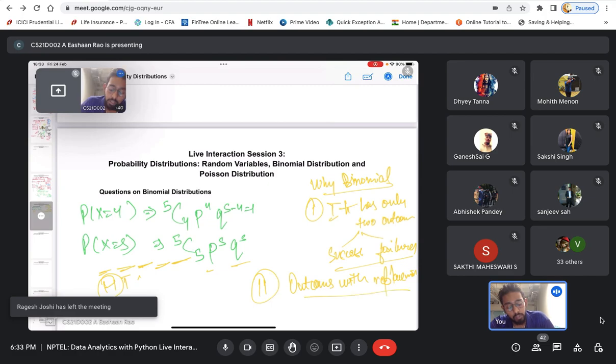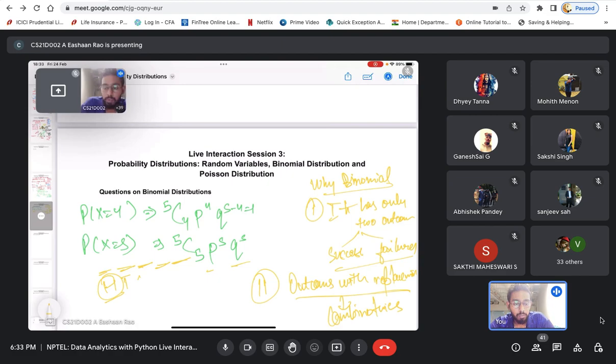Whatever outcomes you are coming with, whatever values you are giving with respect to head, it can be replaced to different positions. There we have to apply combinatorics, that is combination formulas. So once you apply those along with the event having only success or failure values, at that time you use binomial distribution.